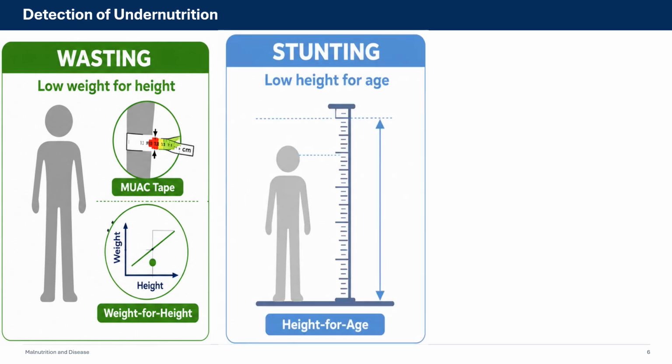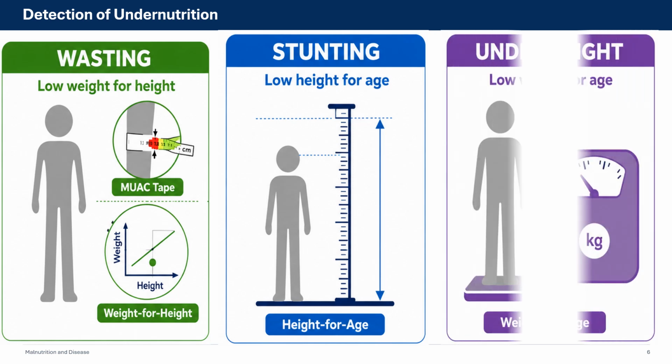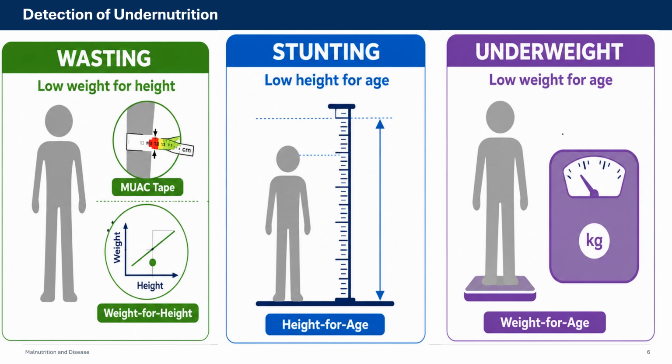While stunting can be determined by measuring the height and comparing it with the normal height for the age scale. Underweight can be determined by measuring the weight and comparing it with the normal weight for age scale.